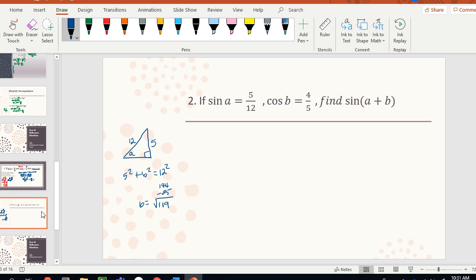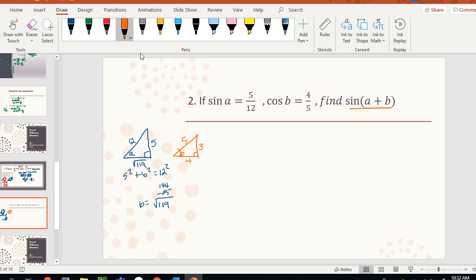Now that sounds terrible that B is the square root of 119, but it actually works out okay. So this is square root 119, and then I'm going to take a minute to find my B triangle. Here's going to be B. And I have adjacent over hypotenuse. And that's going to be a 3, 4, 5 again.